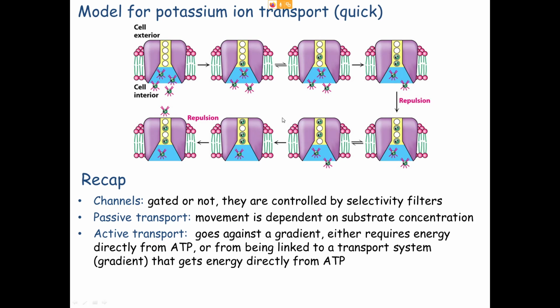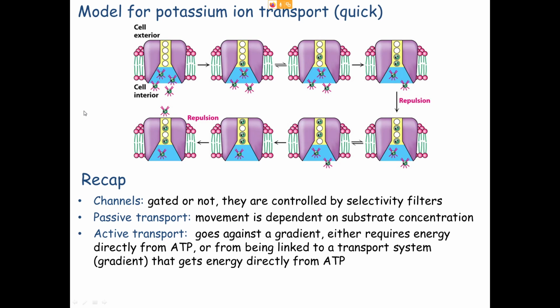So the reason that sodium cannot enter this is because it doesn't make favorable interactions with the carbonyls lining the channel. Not because it's too small to enter, but because shedding its water shell and then reattaching itself to the carbonyls is not an energetically favorable thing to do. Whereas for potassium, it's a slightly favorable thing to do. I don't want it to be very favorable because then I'll never get it to leave the other side.